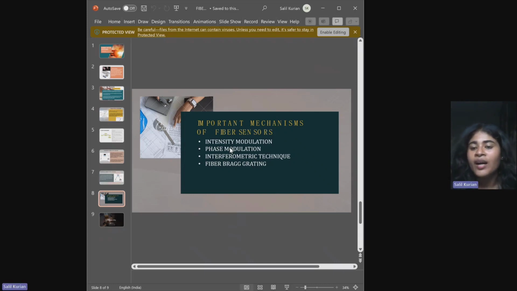Next we will have the interferometric technique. The name is very complex, but the matter is very simple. We use the interference of light waves, where we measure the length and refractive index of the fiber. So we measure the length of the fiber using interference patterns.